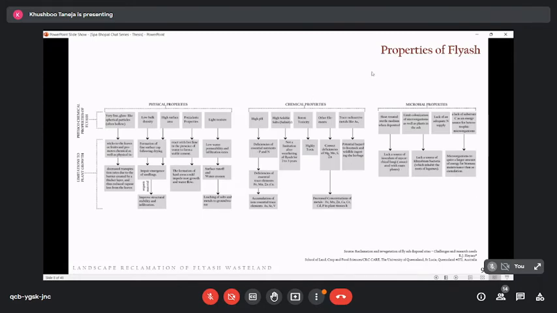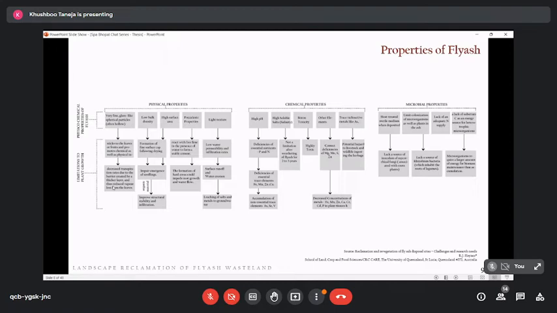I studied the physical, chemical, and microbial properties of fly ash, and how these properties affect limitations. What affected the growth of plants? If I am on a site which is full of fly ash, can I or can I not grow plants? And if I can, then how? That was the mystery to be solved.